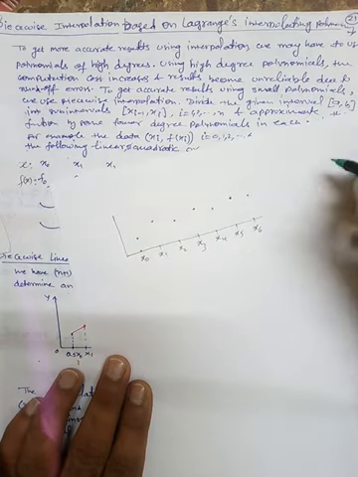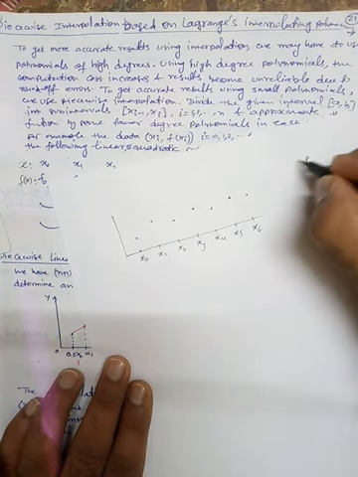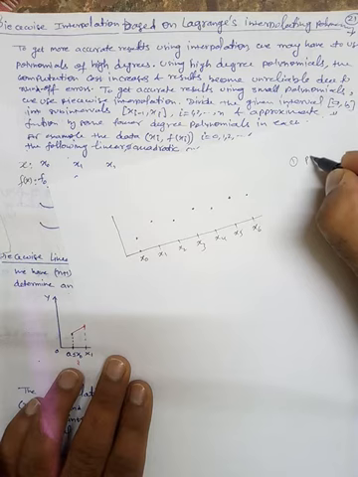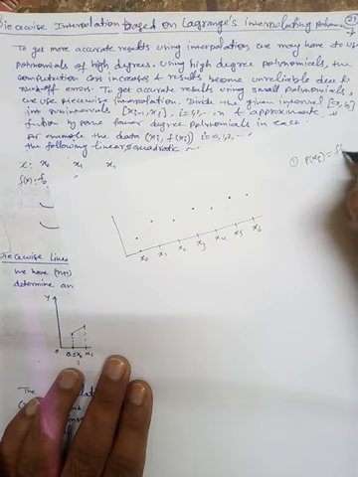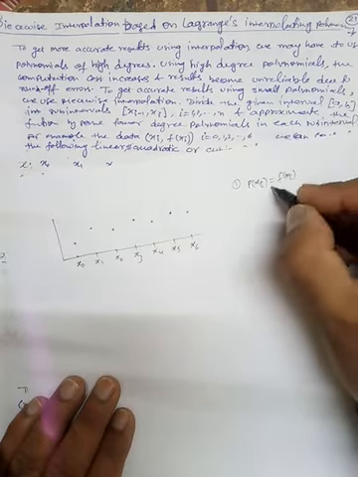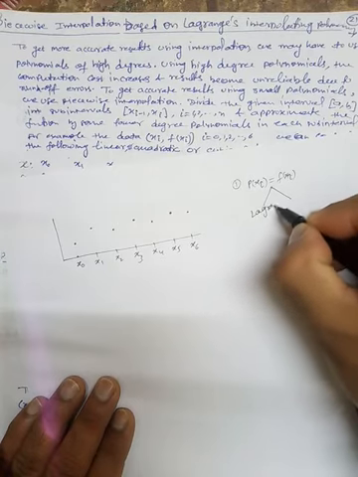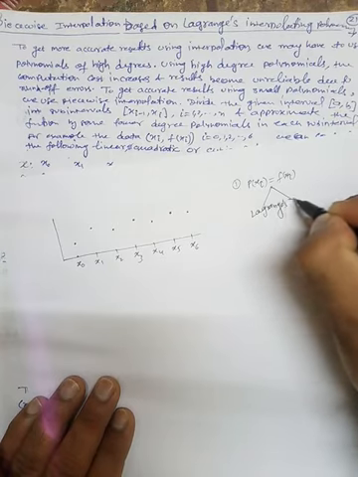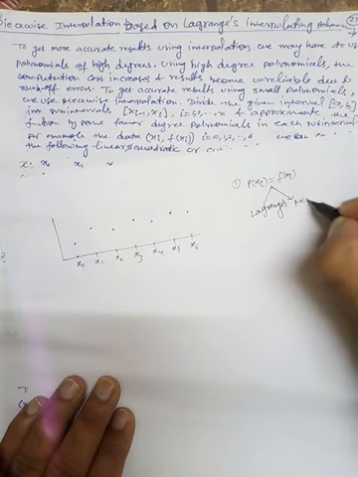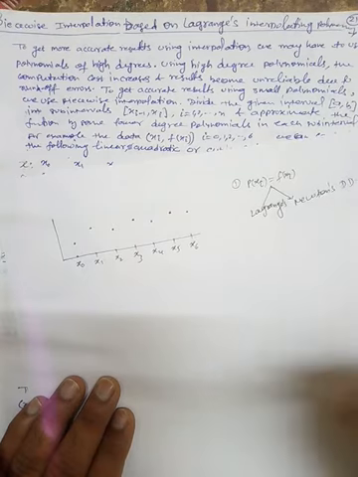If we have an interpolating condition of the form p(xi) equal to f(xi), then we have two methods. One is Lagrange's, the other one is Newton's divided difference.